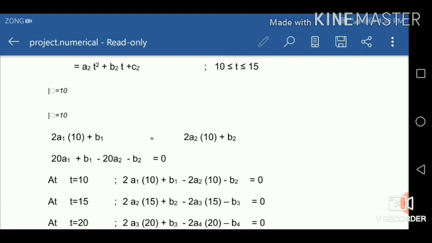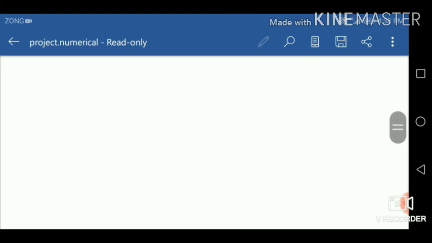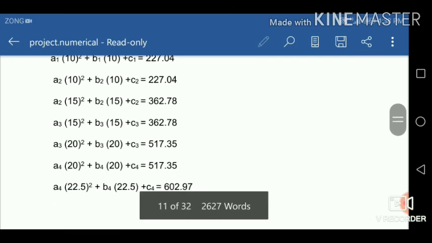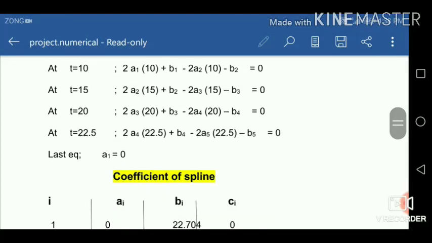Setting this equal to 0: 20 a1 plus b1 minus 20 a2 minus b2 equals 0. Then we define these at all the interior data points: at t equals 10 we get this equation, at t equals 15 a corresponding equation, and at t equals 20 and t equals 22.5 we likewise get equations.